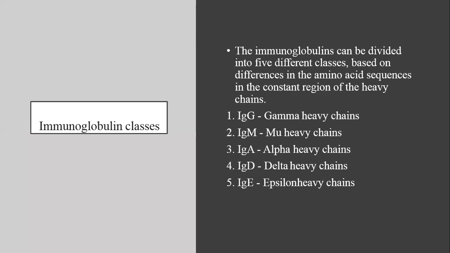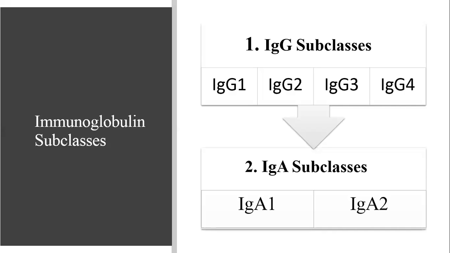There are 5 classes of immunoglobulins: IgG, which contains the gamma heavy chain; IgM contains the mu heavy chain; IgA contains the alpha heavy chain; IgD contains the delta heavy chain; and IgE consists of the epsilon heavy chain. The classes of immunoglobulins are also divided into subclasses.